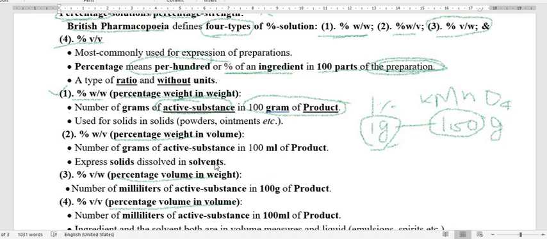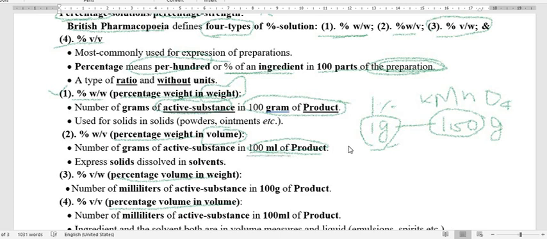When we are going to talk about weight by volume, that means the final product is liquid. Here the final product is solid or semi-solid. So here the final product, that is 100 ml, is liquid. What is percentage weight by volume indicating? This is indicating the amount of active constituent or ingredient in a final volume of 100 ml of product.